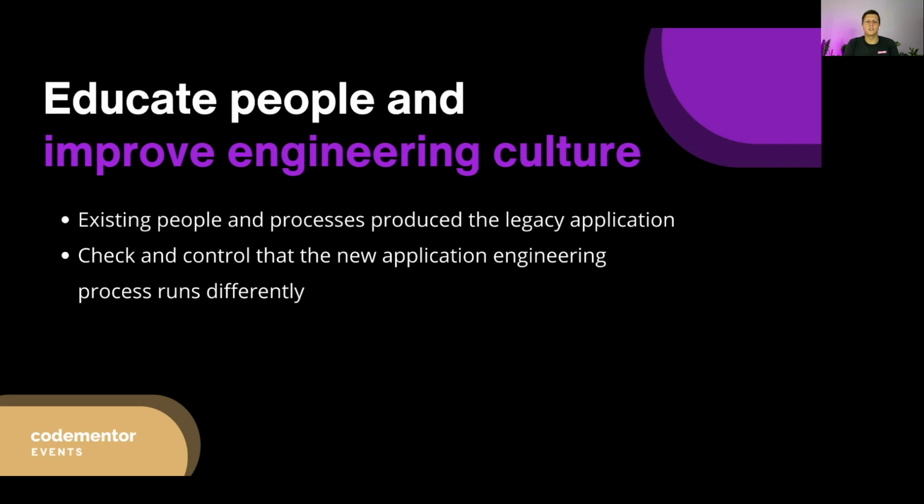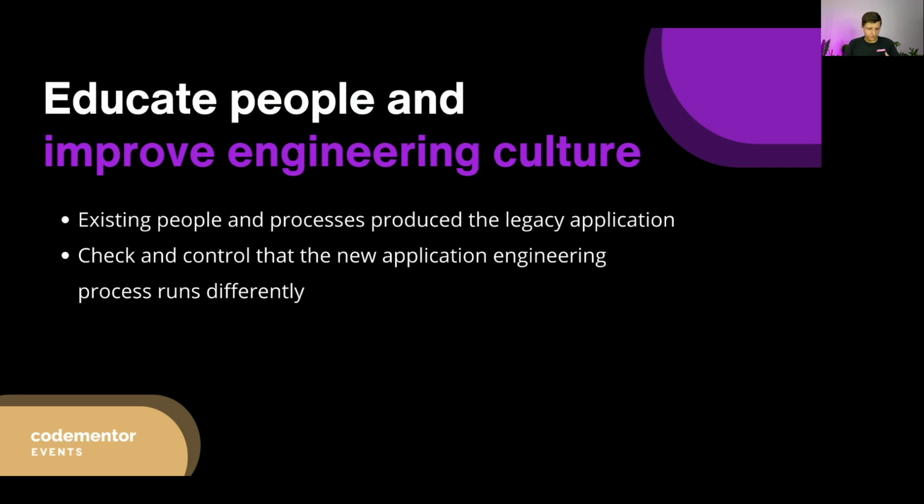Going to the next one, educate people and improve engineering culture. This comes from the idea that the legacy app was created by existing people and existing processes. Without changing them, the result would be the same.